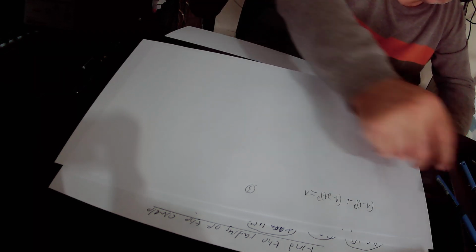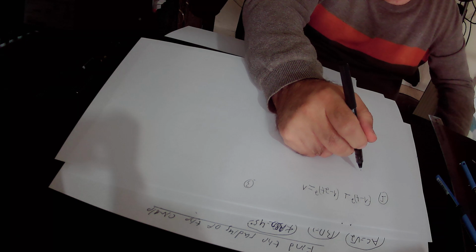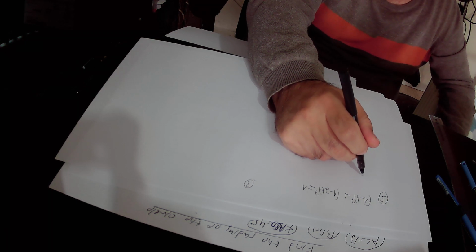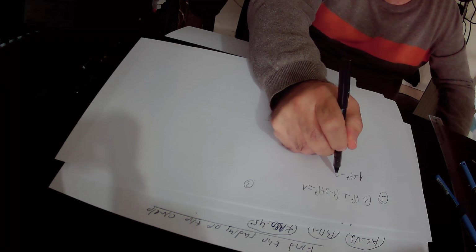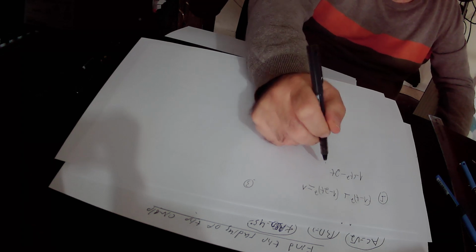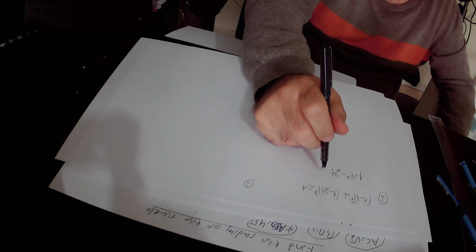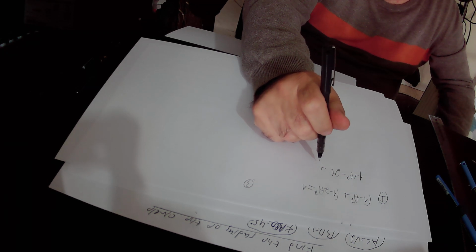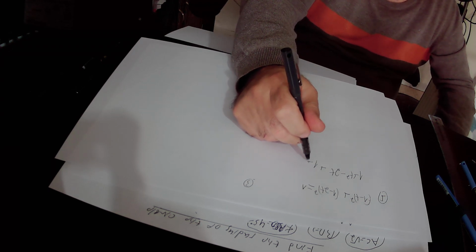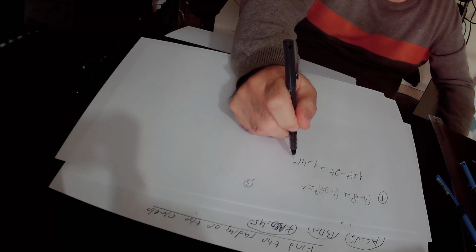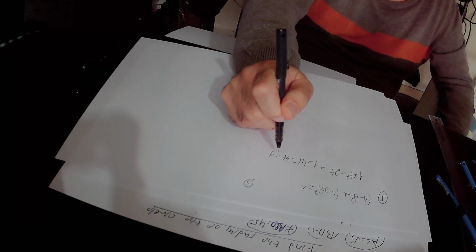We'll open the brackets on this side of the equation, and we get that 1 minus t squared is 1 squared, that is 1, plus t squared minus 2t, plus 1 minus 2t squared equals 1 squared, that is 1, plus 2t squared, that is 4t squared, minus 2 times 2t is minus 4t, equals 1.